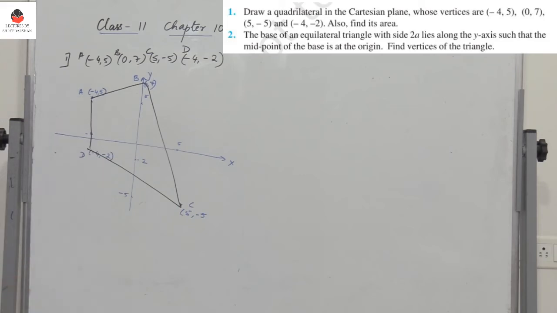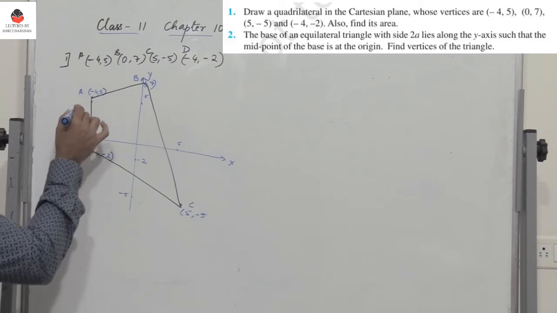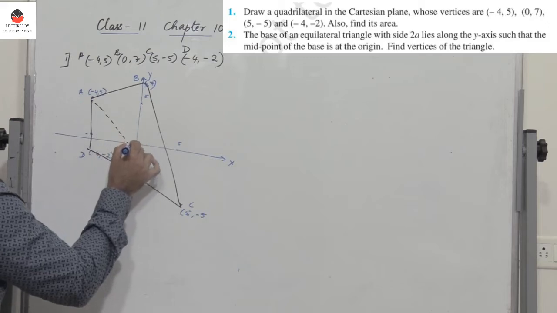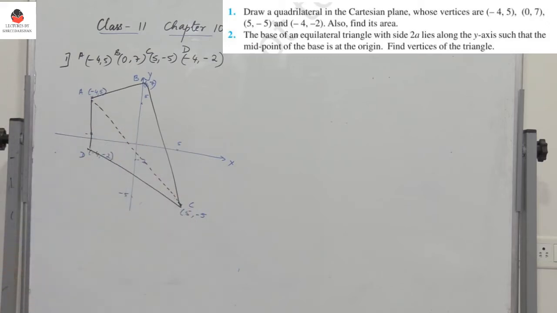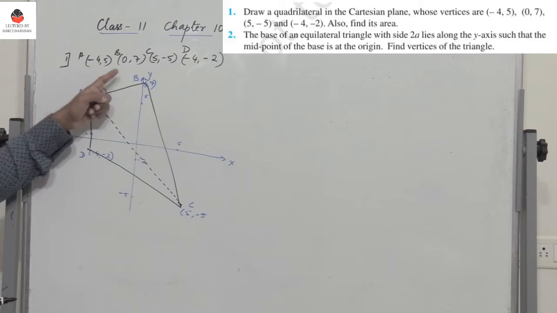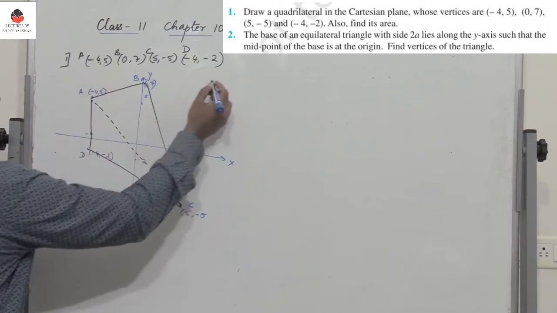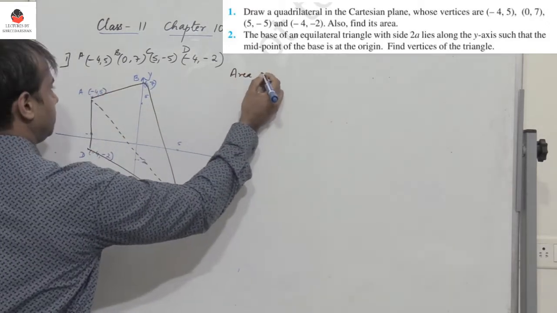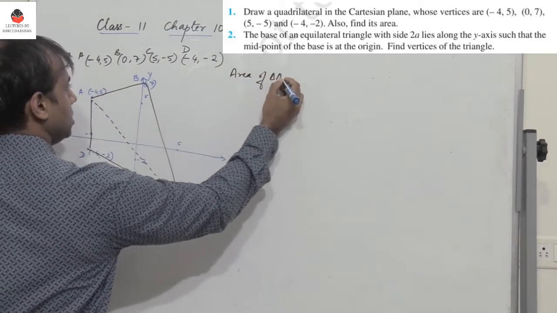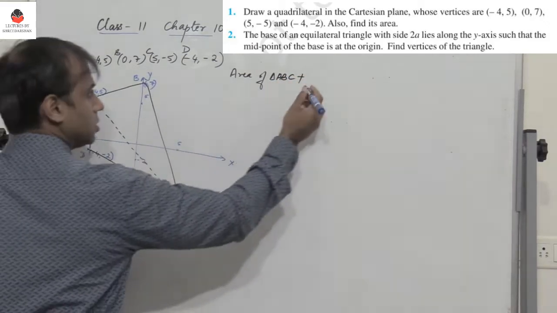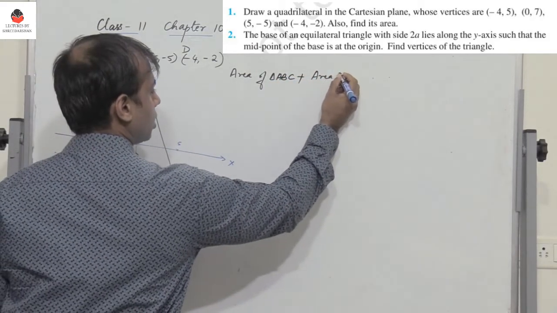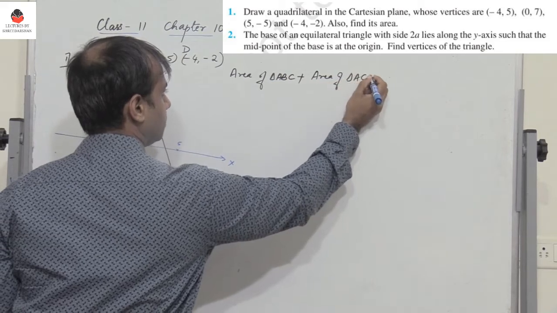Now we need to find its area. To find the area, we know the formula to find the area of a triangle. So let me join AC. Now the area of the quadrilateral ABCD will be the area of triangle ABC plus the area of triangle ACD.